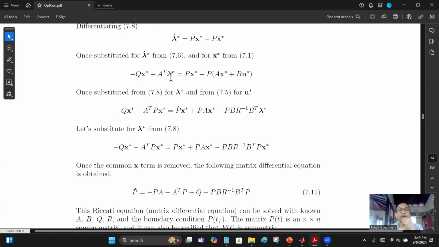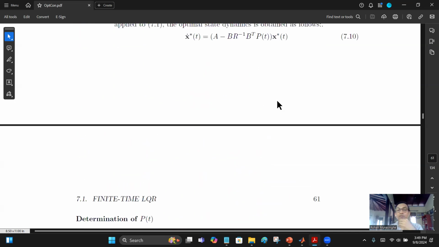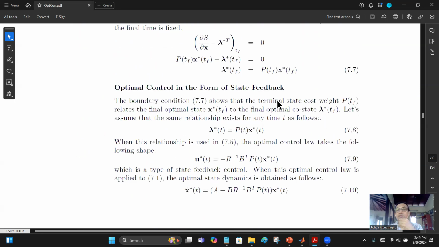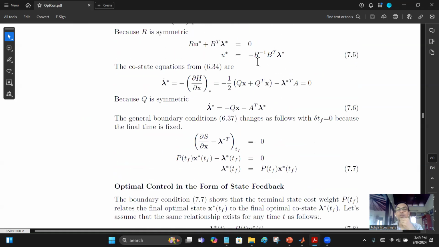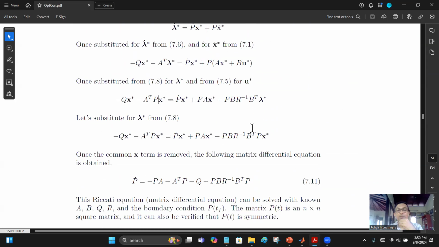This lambda star goes away and P x star comes in. And from 7.5 for u star, u star means R inverse B transpose lambda. So you can see here R inverse B transpose lambda.